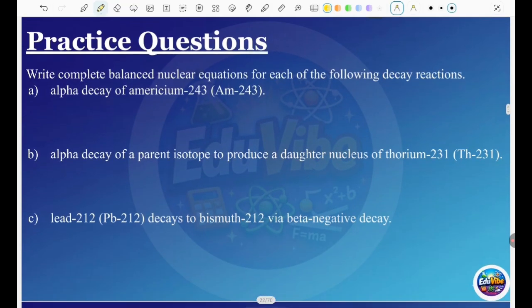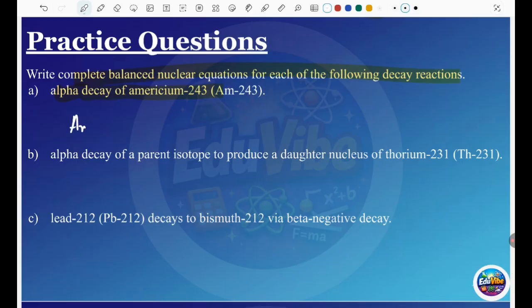Next, we have to complete balanced nuclear equations. For each of the following decay directions, firstly we have alpha decay of americium-243, which is Am 243. Firstly we have to know the format, the rule of how to write this.